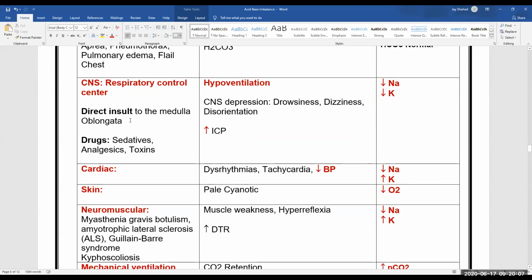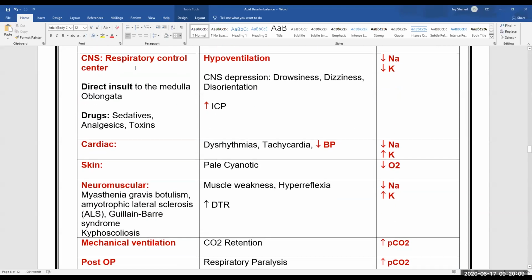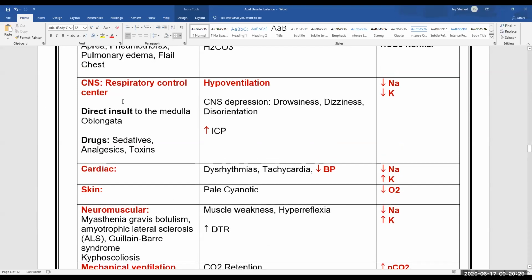All right, so the other issue is what? CNS. Stephanie, why don't you tell me about this condition here? What do we have here? Try and explain this if you can. How does the CNS play a role in getting respiratory acidosis?